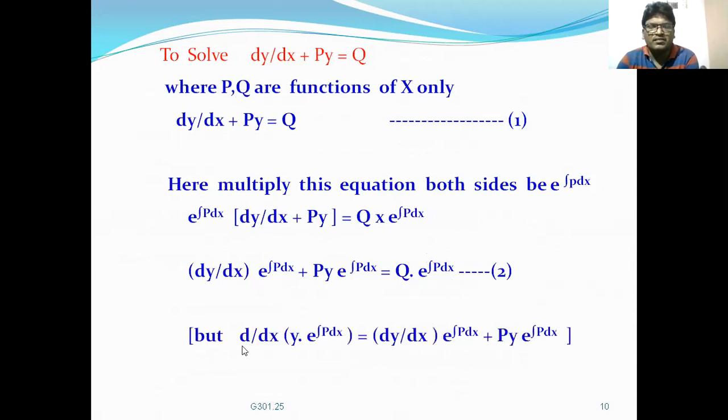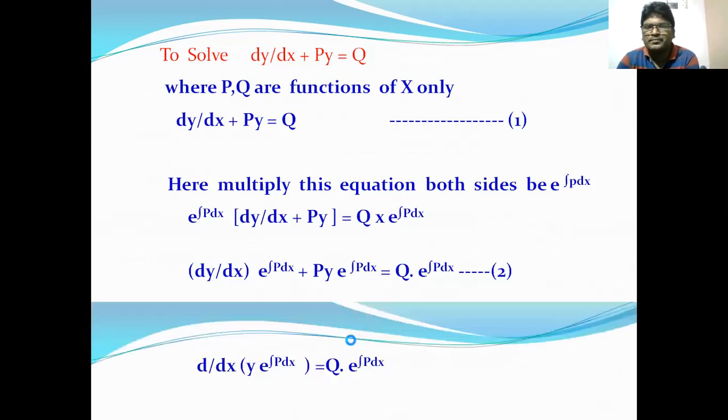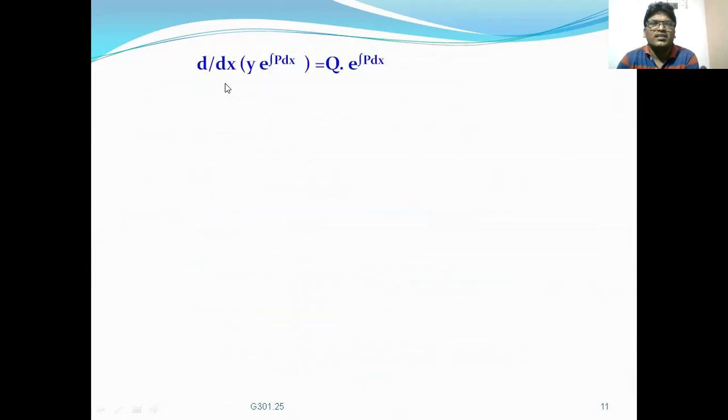From this equation, the derivative of y into e power integration of pdx is equal to dy by dx into e power integration of pdx plus py into e power integration of pdx. Okay, see here, the derivative of y into e power integration of pdx is equal to q into e power integration of pdx. So these are equated.